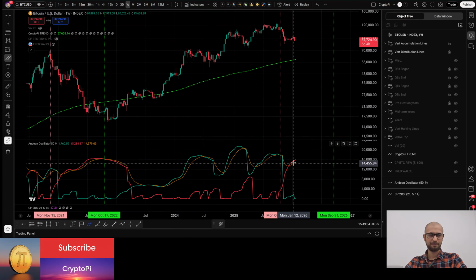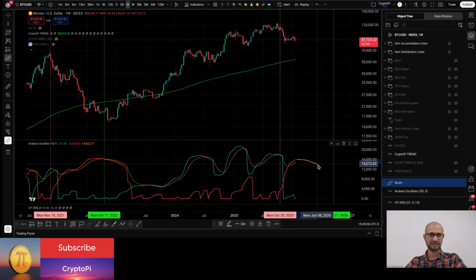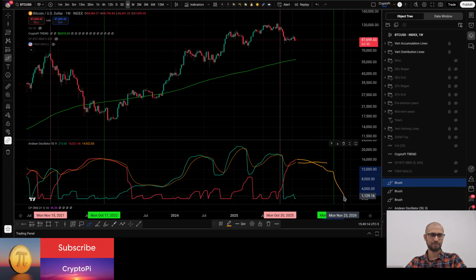The bullish component will try to stay like this, and at one point we cross under the signal line, and then at some point it will drop, and the bullish component will gain its strength against the bearish component. And when it crosses over the signal line, that's when we can say with confirmation that we are in the next bull market.